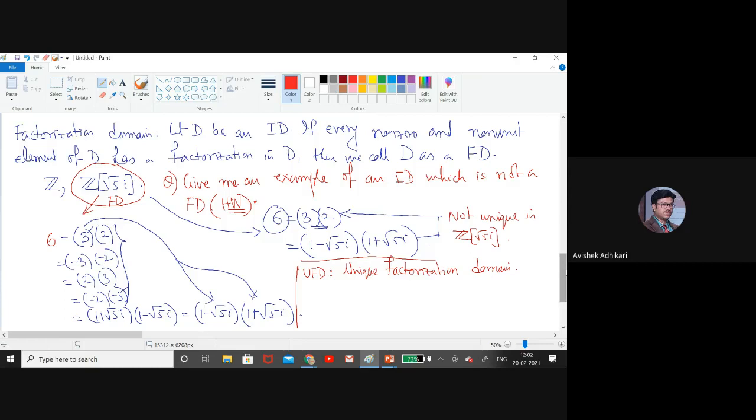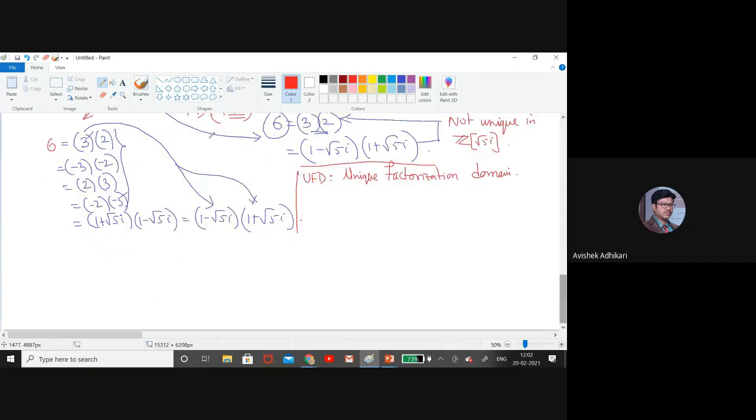Okay, so if I write it formally: a unique factorization domain means it has to be a factorization domain in which every non-zero and non-unit element has a unique factorization. So let us try to define it more formally.